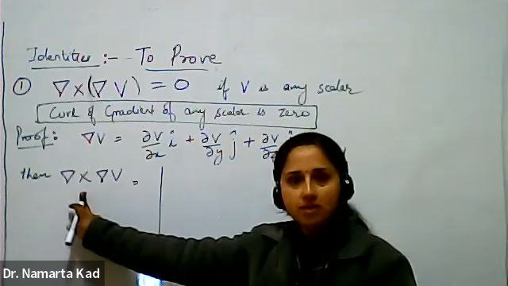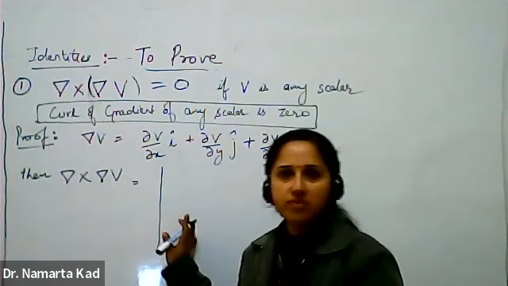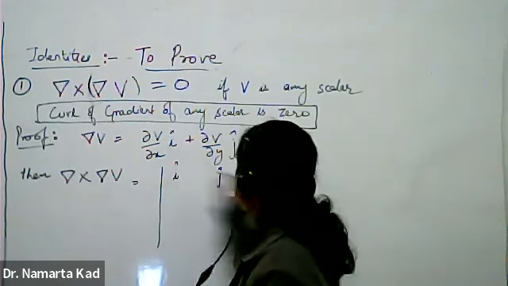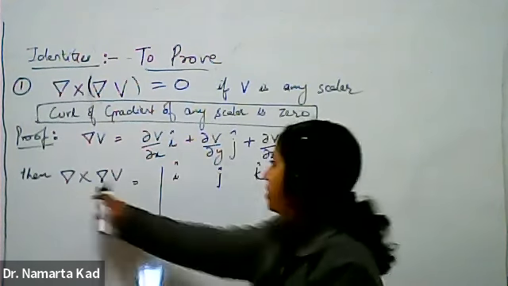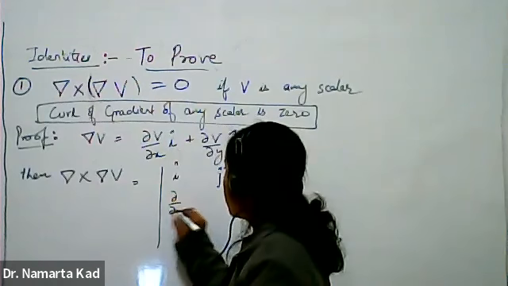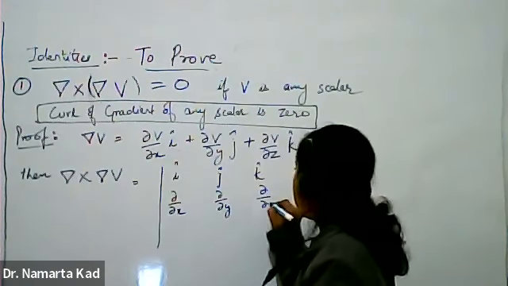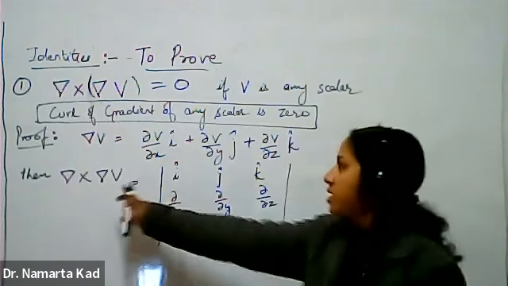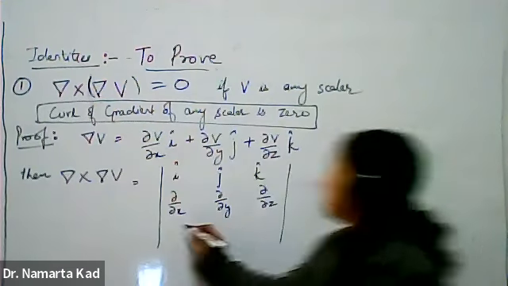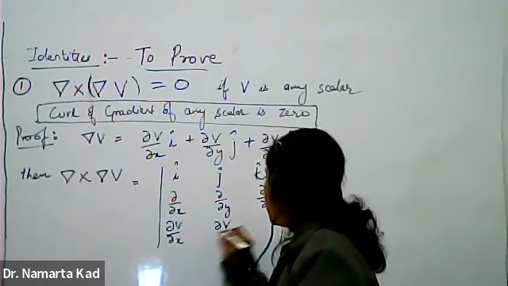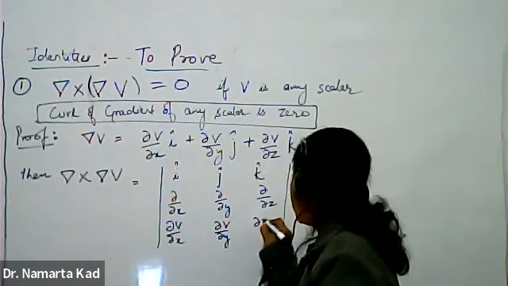We solve the curl with the help of a determinant. So simply write here i, j, k. Firstly del, that is curly by curly x, curly by curly y, curly by curly z, and then del v, that is curly v by curly x, curly v by curly y and curly v by curly z.